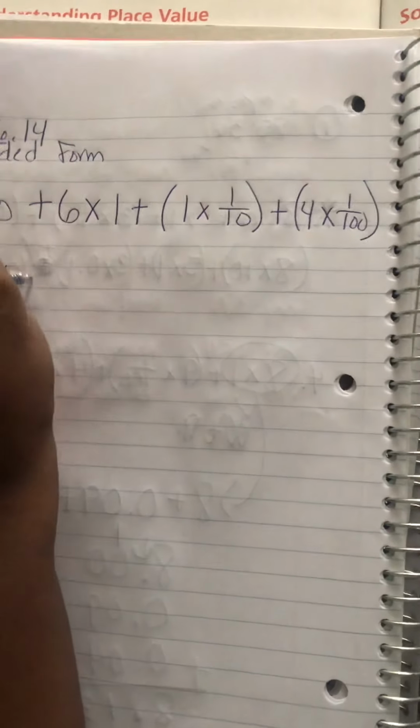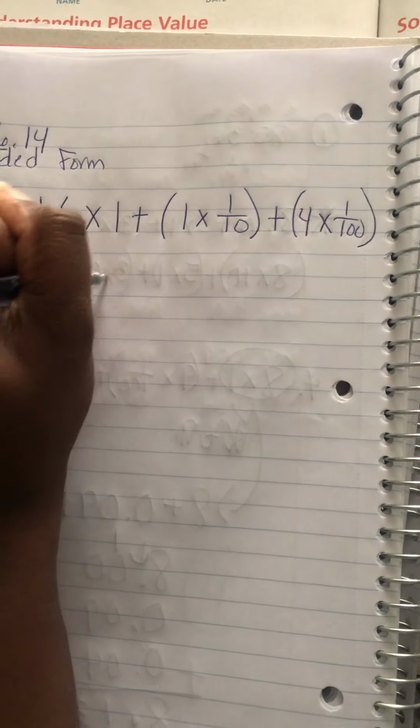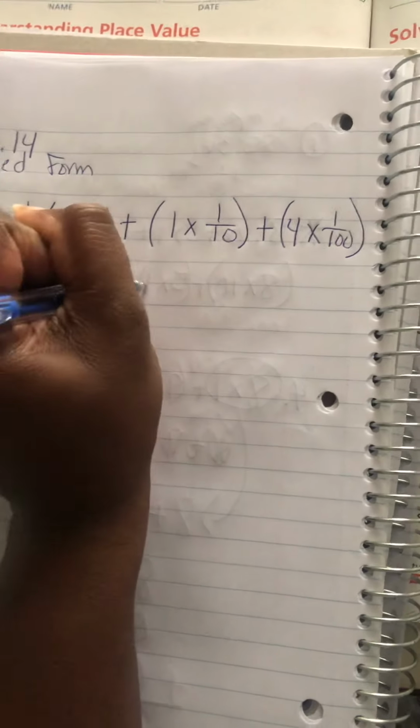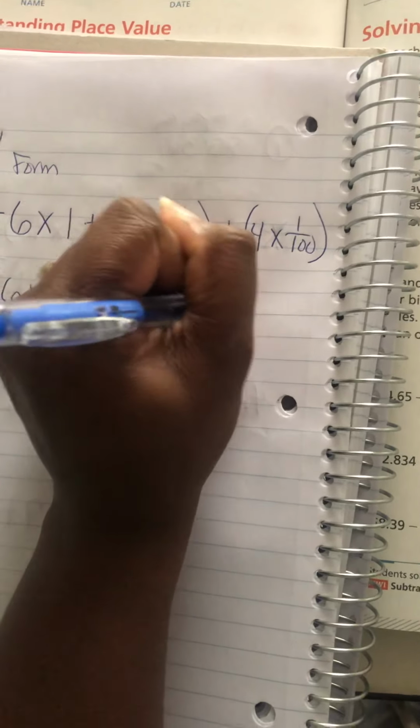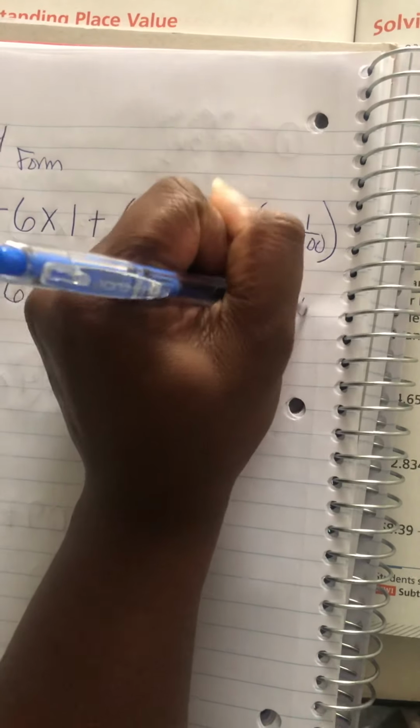Or I'm going to write 9 times 10 plus 6 times 1 plus 1 times 0.1 plus 4 times 0.01.